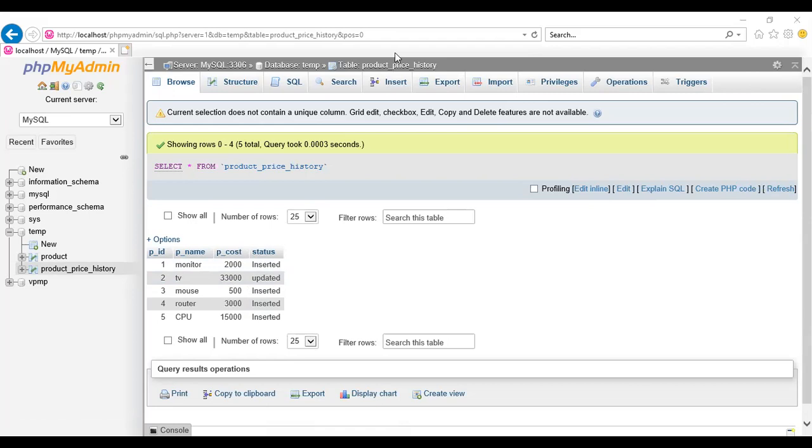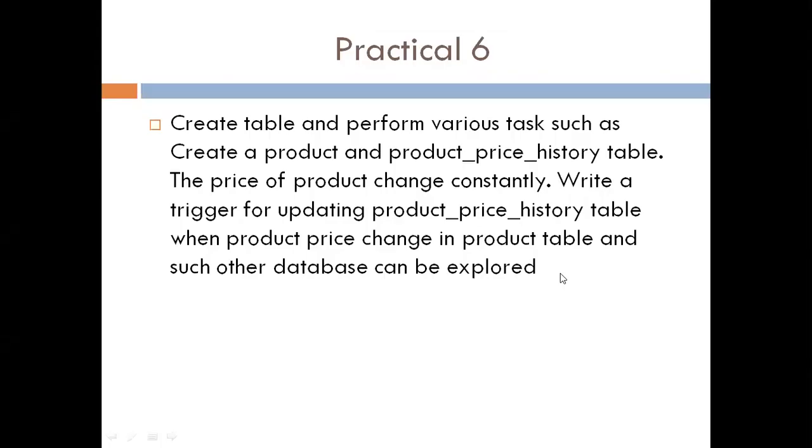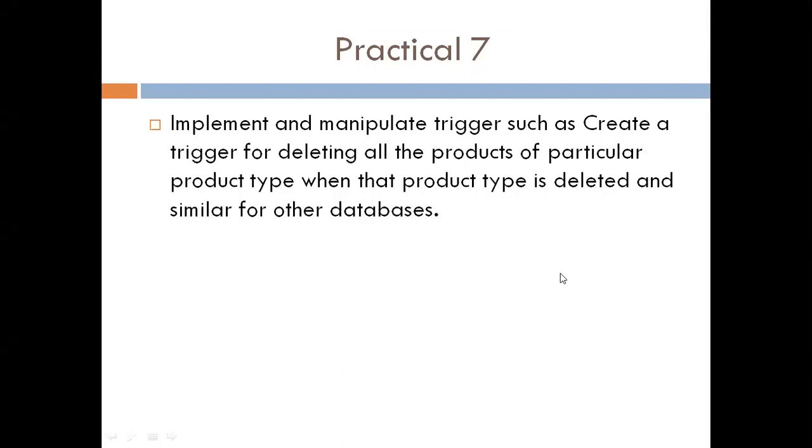Now this is practical number 6. Now the next, practical 7. In practical number 7 also, we have to create a trigger for the delete command. The aim of the practical is to implement and manipulate triggers, such as creating a trigger for deleting all the products of a particular product type when that product type is deleted, and similar for other databases.